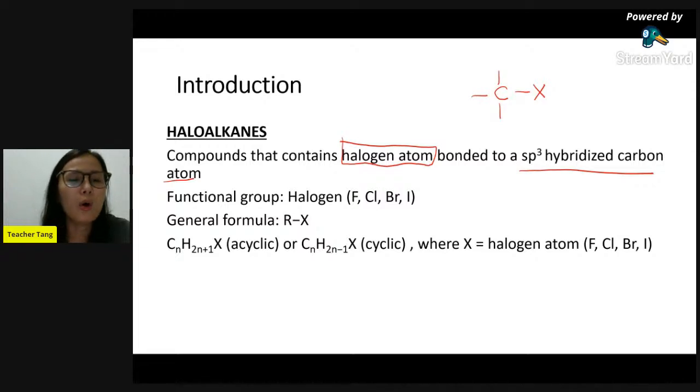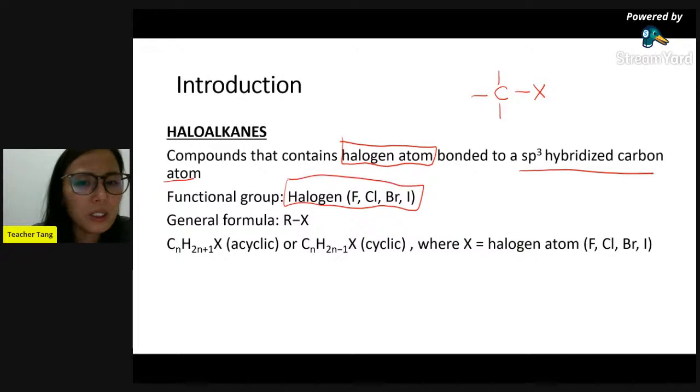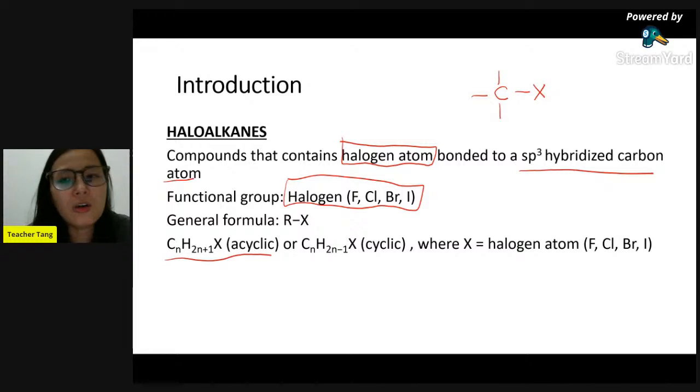The functional group is halogen, so it can be fluorine, chlorine, bromine, iodine. And the general formula for acyclic haloalkane, meaning straight chain, not ring, is CnH2n+1X.